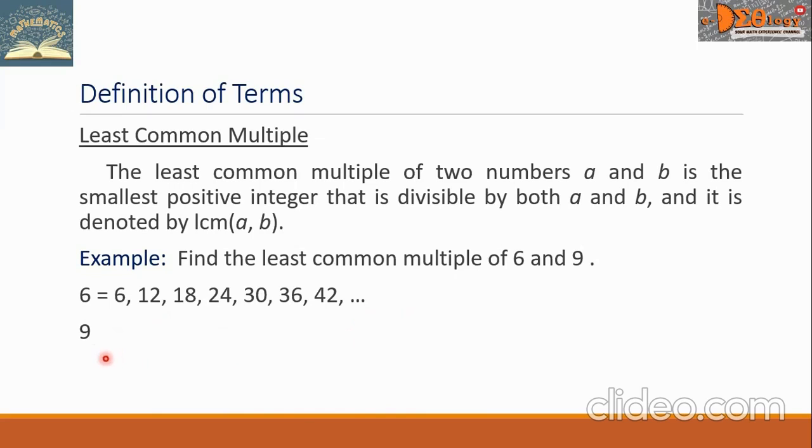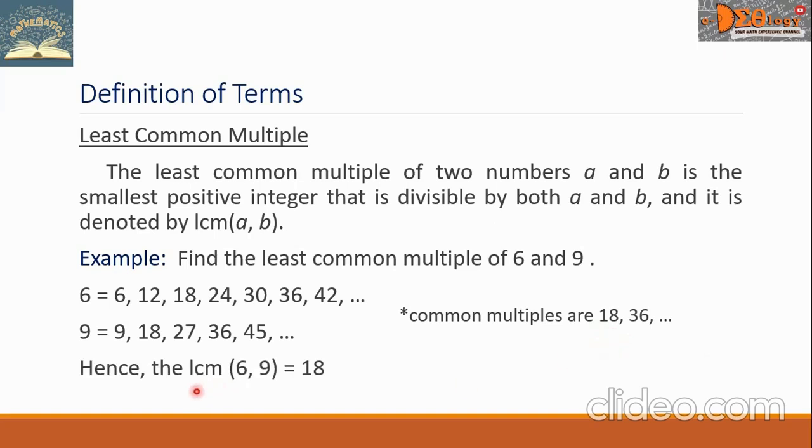For the number 9, the multiples are 9, 18, 27, 36, 45, and so on. In our multiples here, we can see that the common ones are 18 and 36. There are still many common multiples, but we should notice that the smallest multiple is 18. So we write here LCM of 6 and 9 is equal to 18.